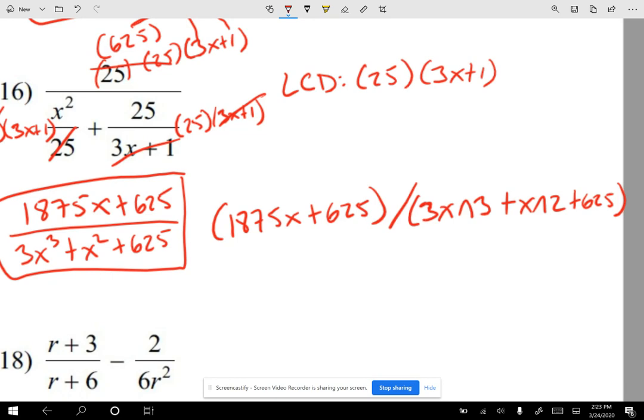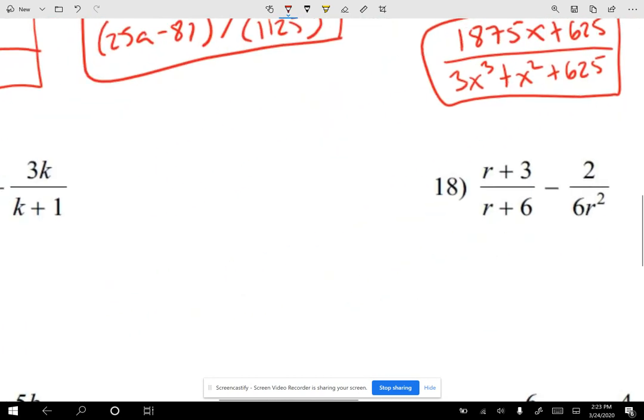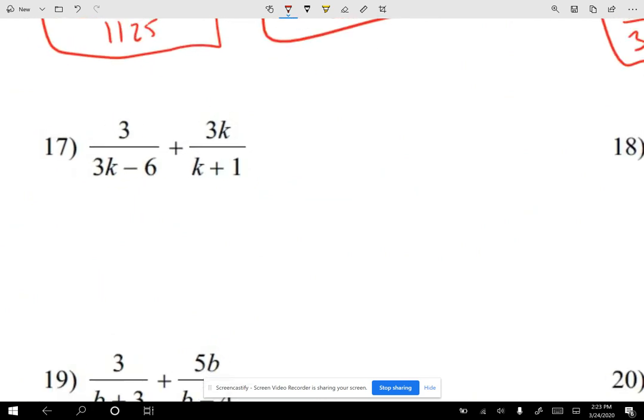Now, let's move on. Let's take a look at number 17. Oh, no, that was 16. So yeah, let's take a look at 17. I look at my first fraction. And I ask myself, can I factor things out? I can factor the 3. The reason why I want to factor it out, because these 3's cancel out.